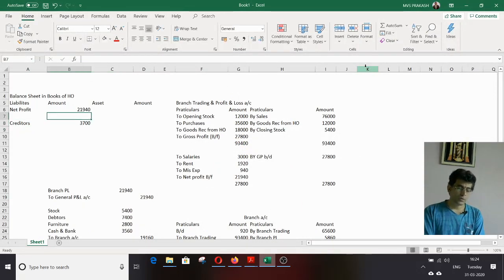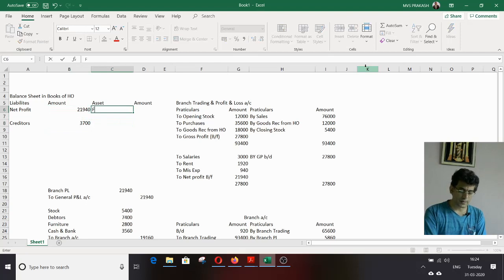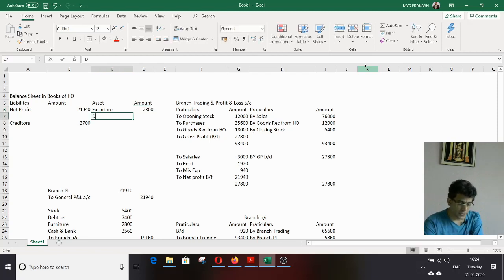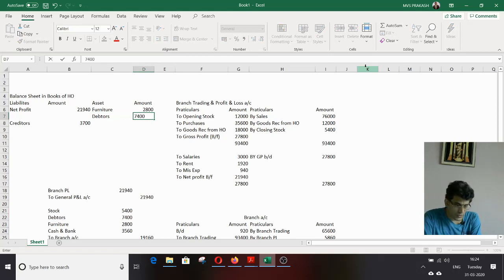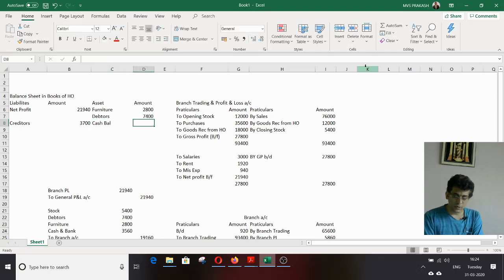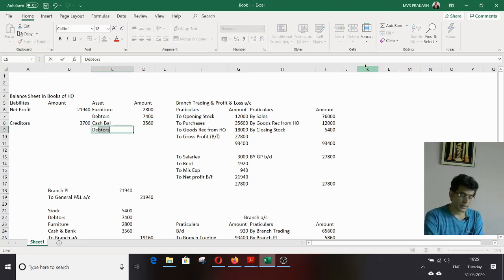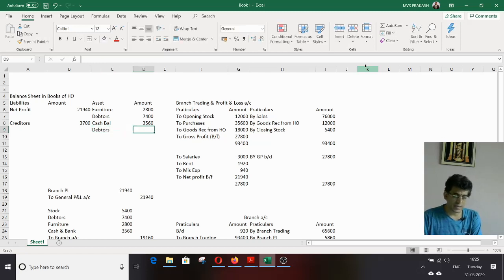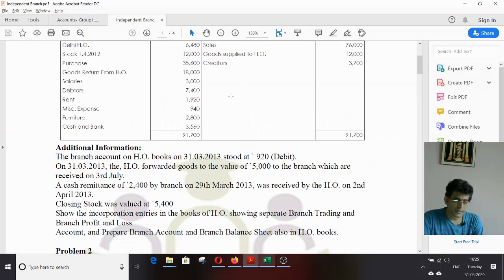The branch has some furniture amounting to 2,800, debtors amounting to 7,400, and a cash balance amounting to 3,560.